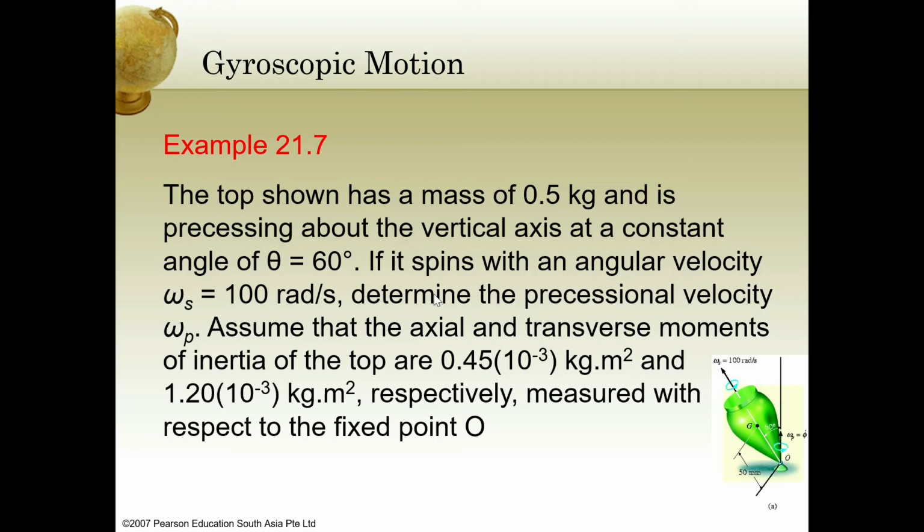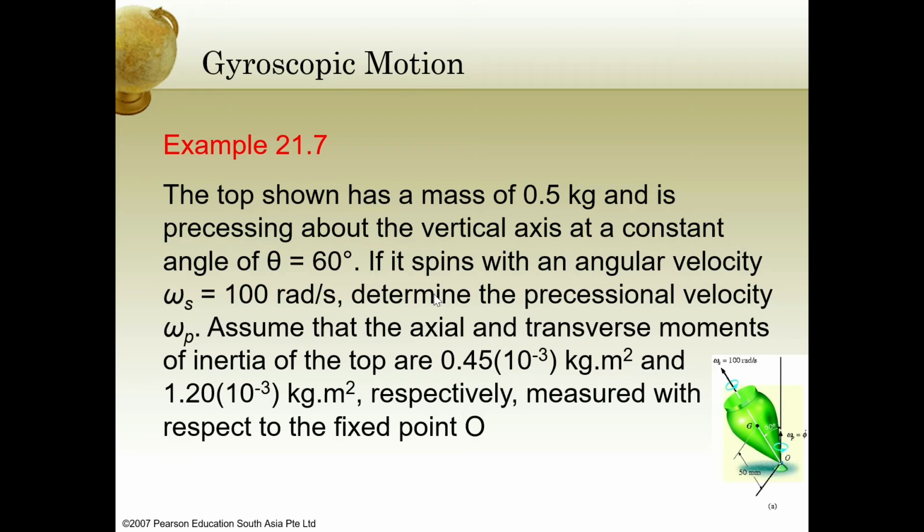Assume that the axial and transverse moment of inertia of the top are 0.45 times 10 power of negative 3 kilogram meter square, and 1.2 times 10 power of negative 3 kilogram meter square respectively. So what we need to determine is the precessional velocity, and given are the other details and also the moment of inertia. So what is axial?